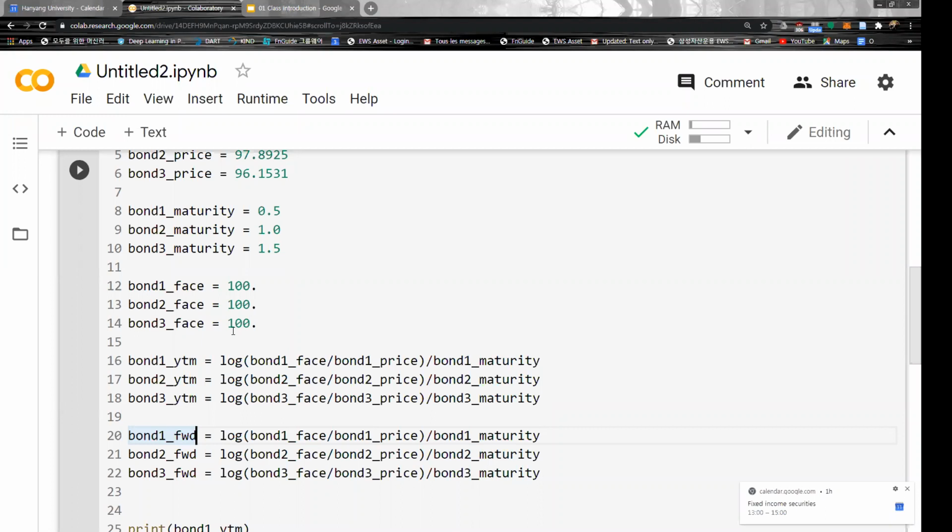So what we can do is bond one maturity, and the second one is bond two. We use bond one price, bond two price, and we need the difference between the two maturities, so bond two maturity minus bond one maturity.